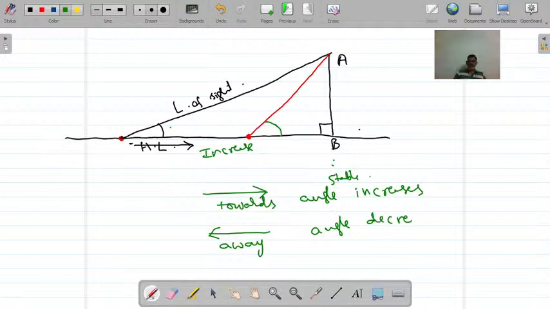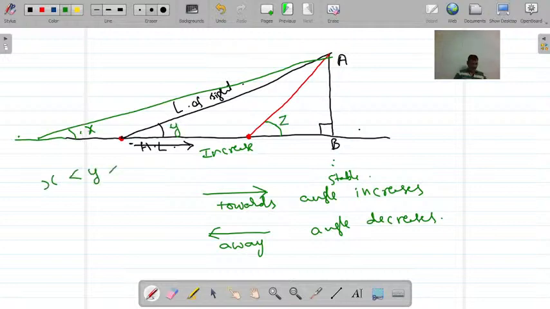Suppose if you consider it from here, this is the position of the observer, then the angle will be less. Suppose you consider x, y and z, so clearly you can see that x is less than y less than z.